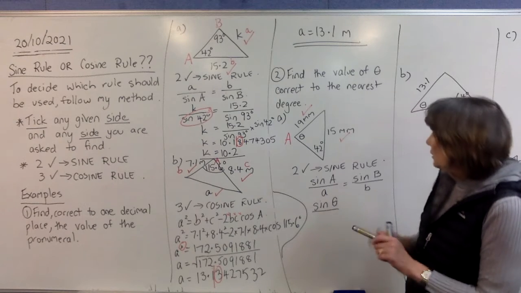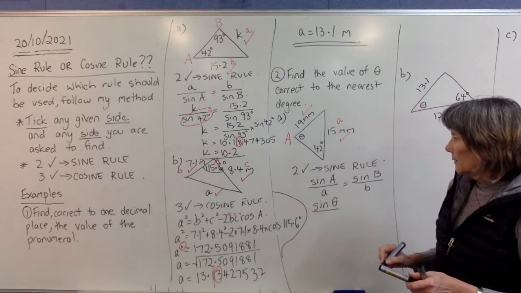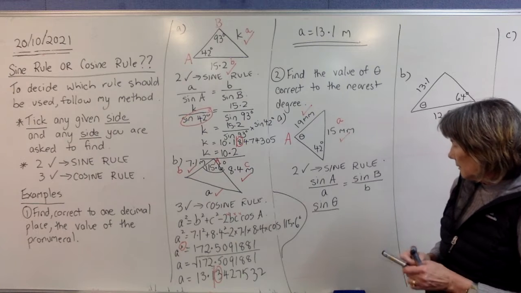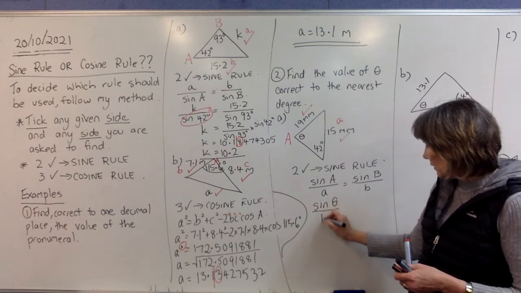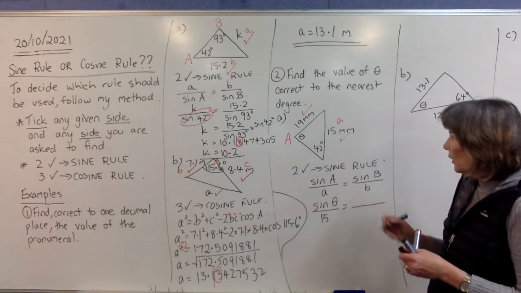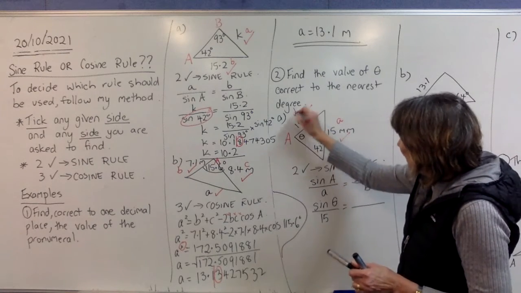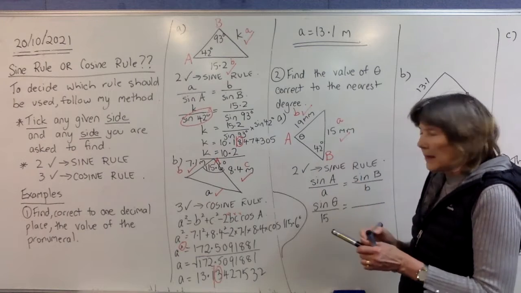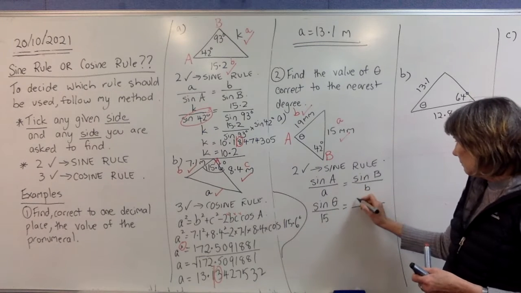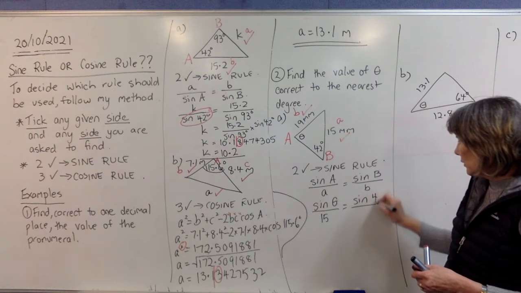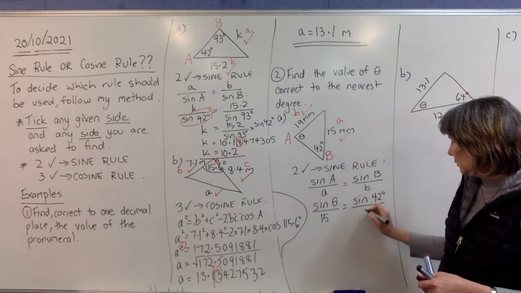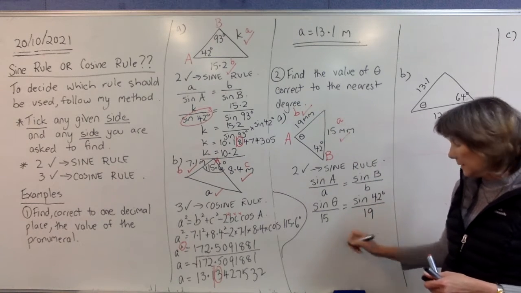Now little a is opposite angle A. So I'll put that little a in, which is 15. And then over here, the side and the angle that we've got, this little side is B, opposite will be angle B. So we're going to put those in. Sine 42 degrees over little b, which is 19.